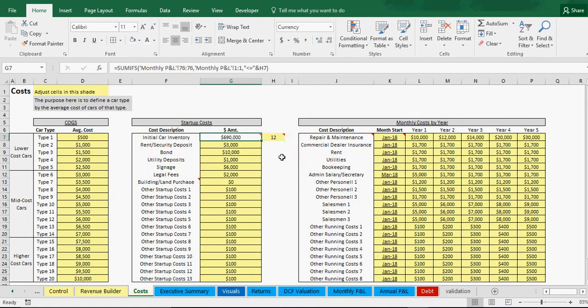So this is saying, let's say you have 4 months out in time, you want to pay for the cars that you plan on selling. You want to pay 4 months ahead of what your projections are. So let's go to our monthly here.